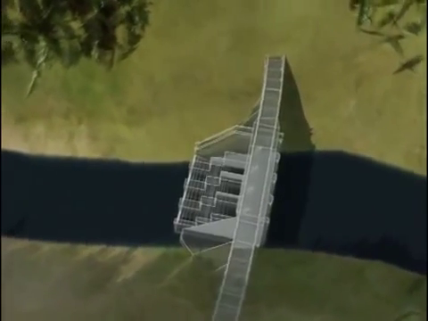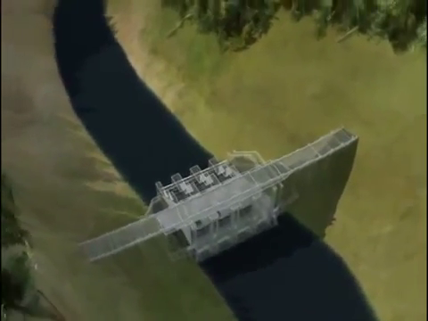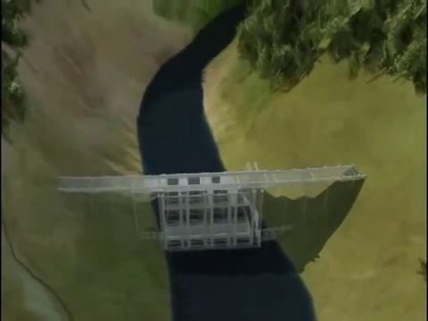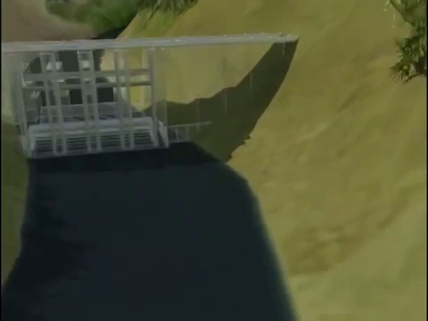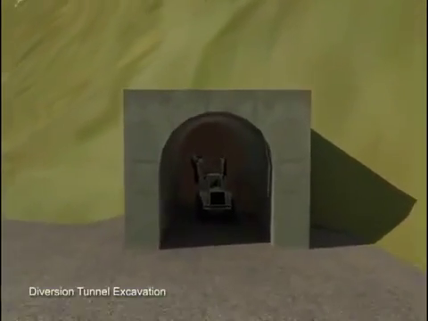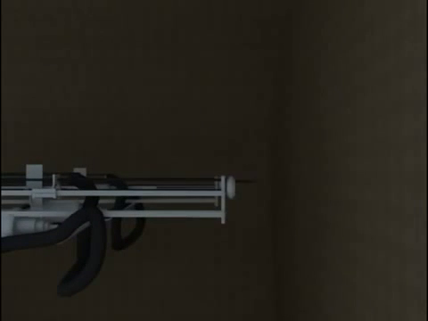Before the construction begins, the river flow needs to be diverted to make excavation and construction activities possible at the dam location. This is done by diverting the river water through a diversion tunnel that bypasses the dam location. Excavation inside the diversion tunnel is carried out by drill blasting using a 2-boom hydraulic drill.